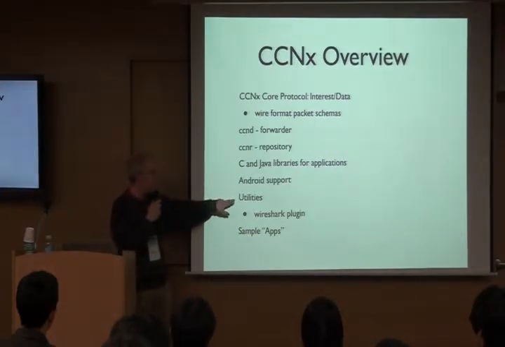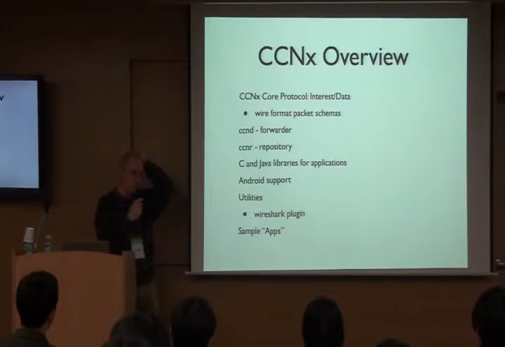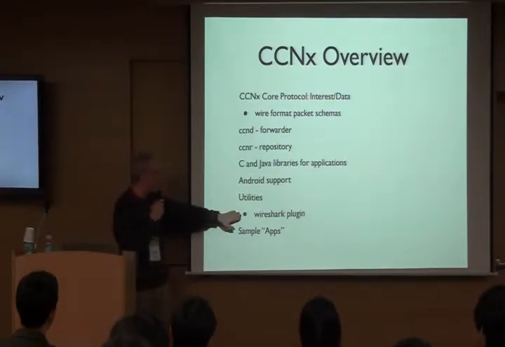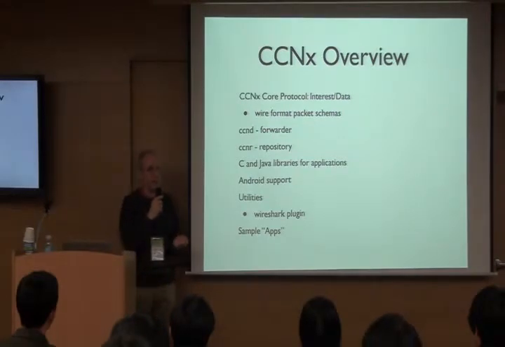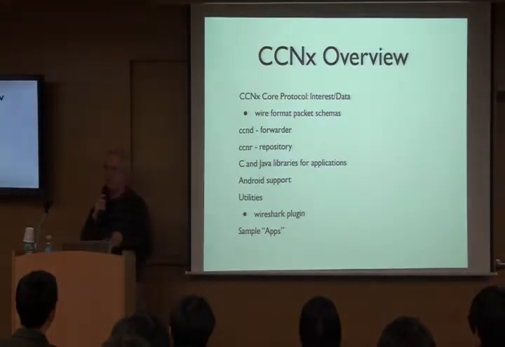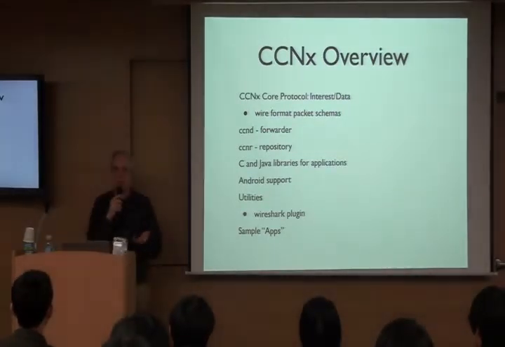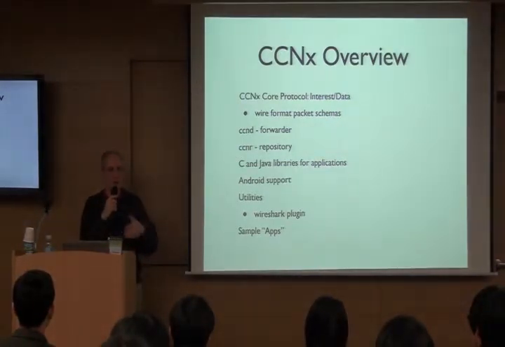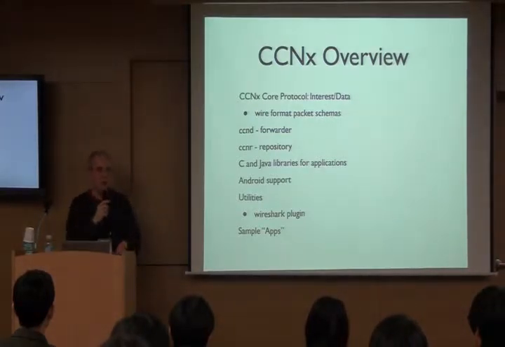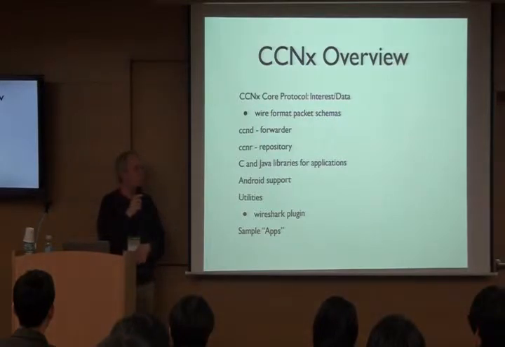And there are various utilities running around, some of which we'll touch on in this workshop. One very significant one, of course, since we're dealing with networking, is a plugin for Wireshark. So what that means, it's actually a Wireshark dissector, which means that if you capture packets, CCNx packets, encapsulated in IP that is running either on UDP or TCP, because that's what the current CCNx libraries and CCND do.